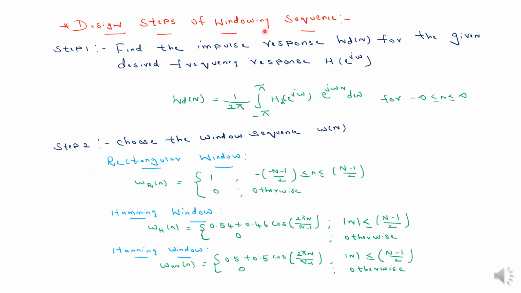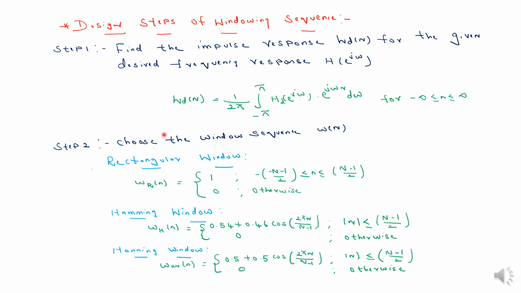Moving on to the design steps of the window sequence. The first step is, from any given frequency response, represented by H of e power j omega, we need to find the infinite impulse response, h suffix d of n.